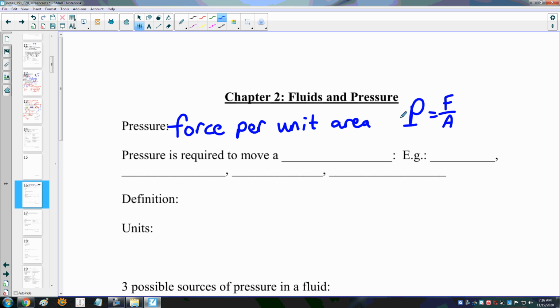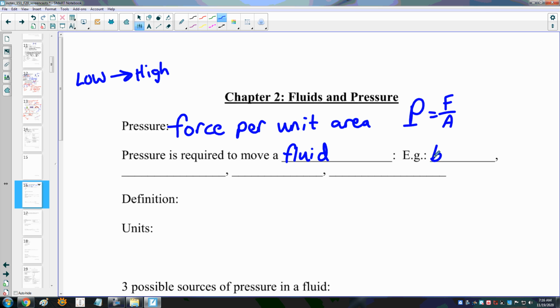Also here, pressure is required to move a fluid. So if I want to move a fluid from one position to another, fluids will always tend to move from low to high pressure. We see that in weather patterns, we see that in our human body. And so if you need to move a fluid, you require a pressure.